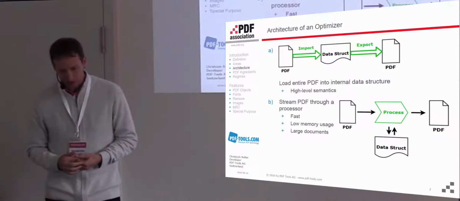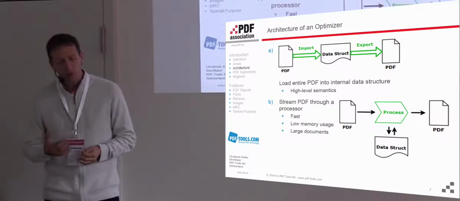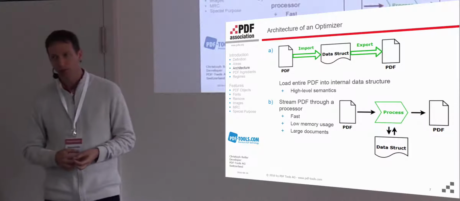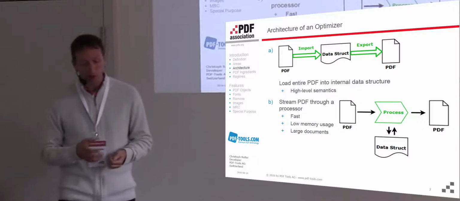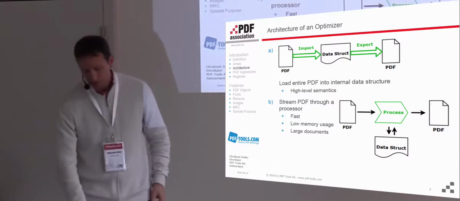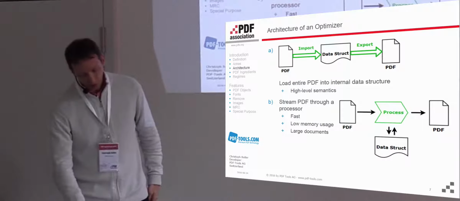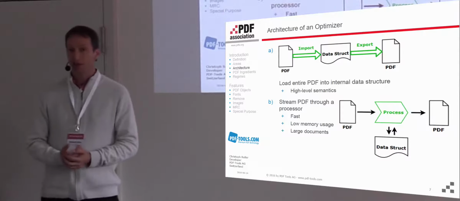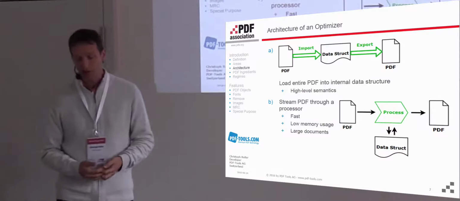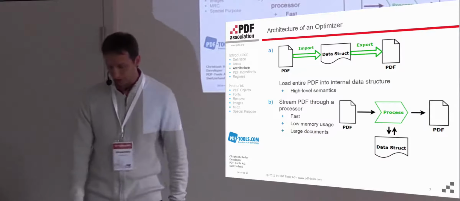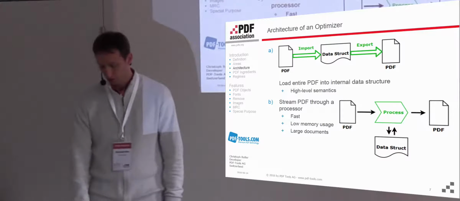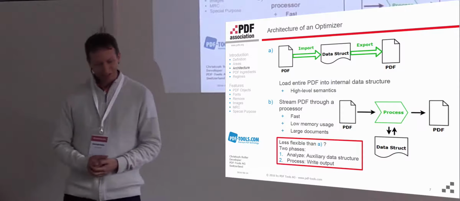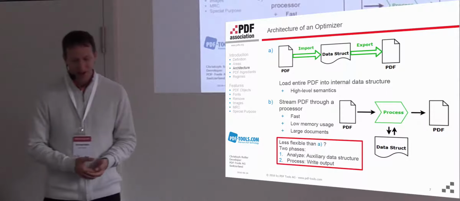And thus, memory usage of such an approach can be much more decreased when compared with variant A. Also, in principle, this can be much faster, and the documents to be processed with such an architecture can be really huge. The skeptics may ask, is this less flexible than A?